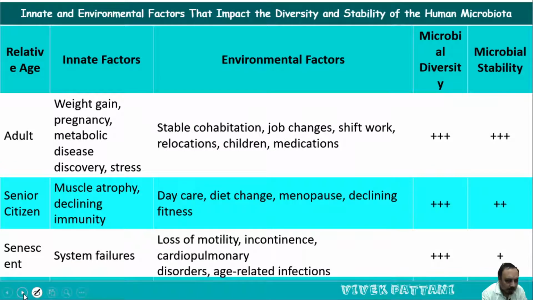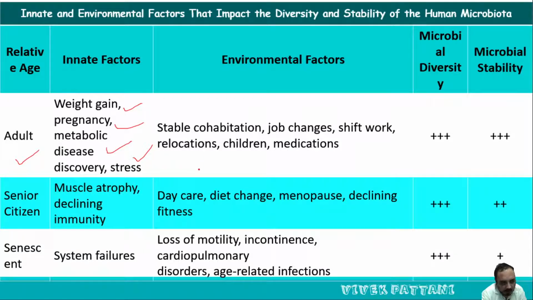Now moving on to the adult stage. Various innate factors which are normally seen are weight gain, pregnancy in women, metabolic disease if he has it, and also stress-like conditions. For example, he is doing a job, or he owns a business, whatever it may be.